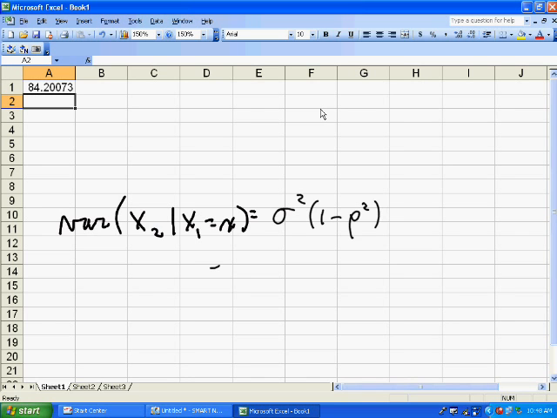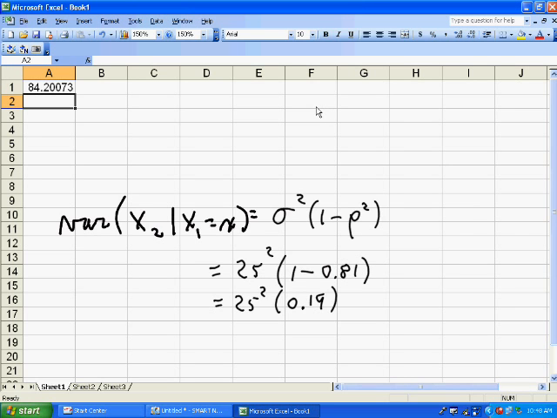That's 25 squared times 1 minus 0.9 squared. So that's 25 squared times 0.19.